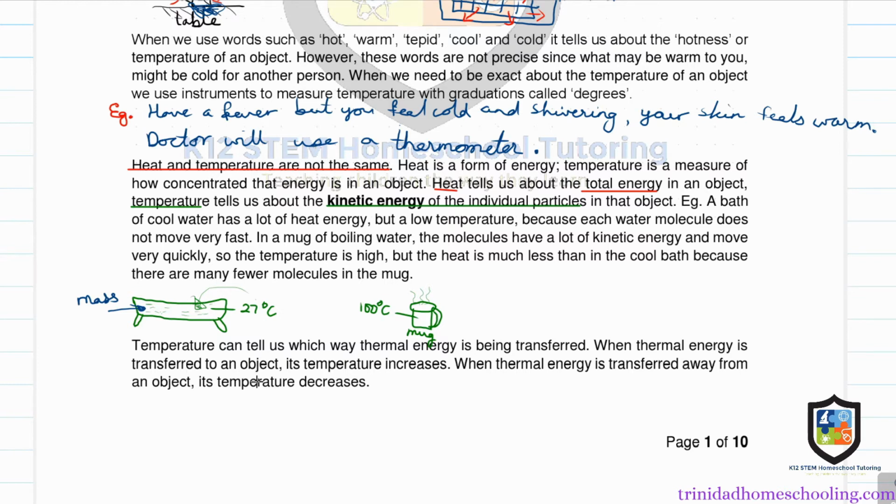So the temperature of the system, the body, the object or the surroundings is important to know so that we can tell which way the thermal energy is going to be transferred, because we said earlier that heat energy, thermal energy, moves from areas that are higher in temperature to areas that are lower in temperature. So now let's look at some real-life examples on page 2.